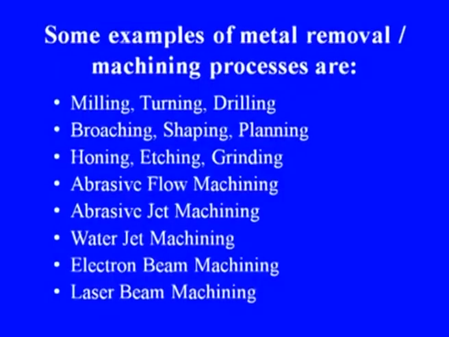Some examples of metal removal or machining processes are milling, turning, drilling, broaching, shaping, planing, honing, etching, grinding, abrasive flow machining, abrasive jet machining, water jet machining, electron beam machining, laser beam machining, etc.